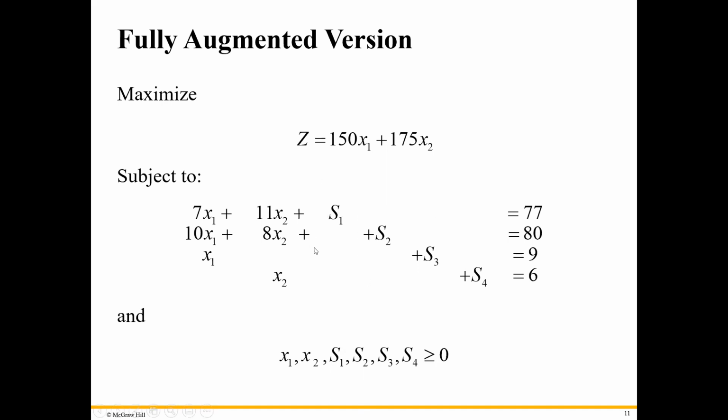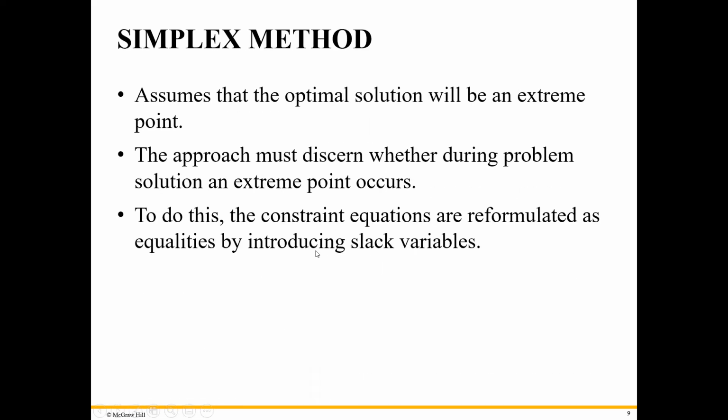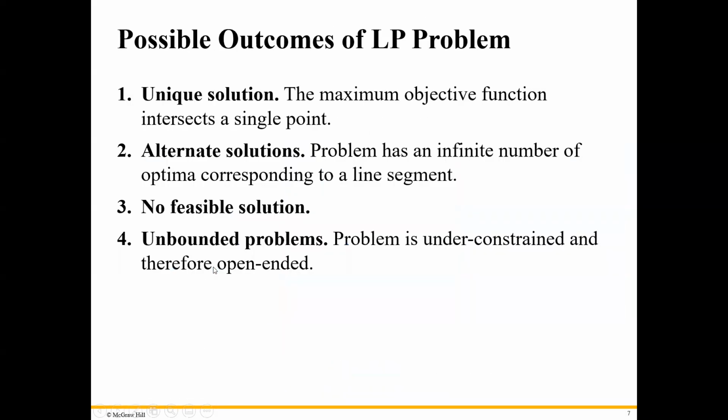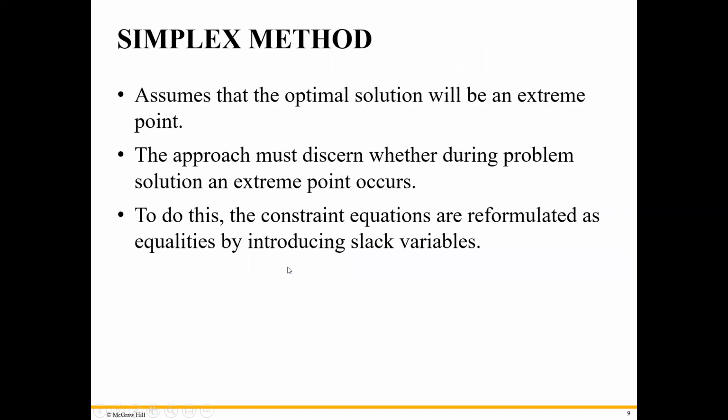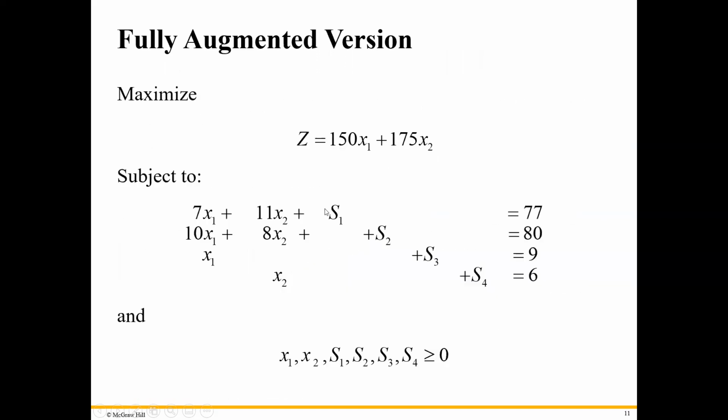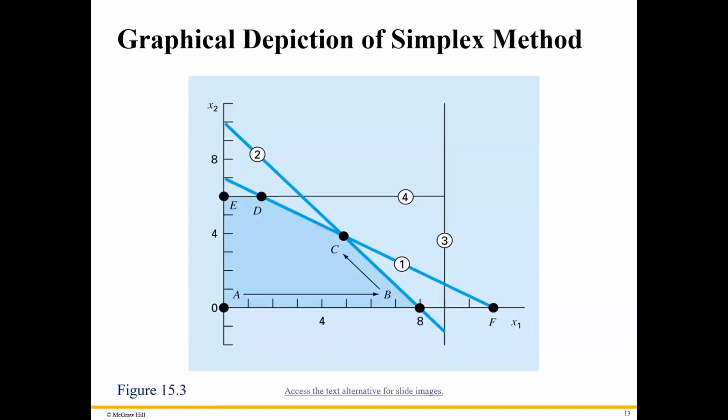As we can see, this is exactly the same problem we did with the graphical method, so it actually has a solution. Although we have formulated it with 4 equations but 6 unknowns, some of the relationships are hidden. The simplex method helps us to identify the solution.